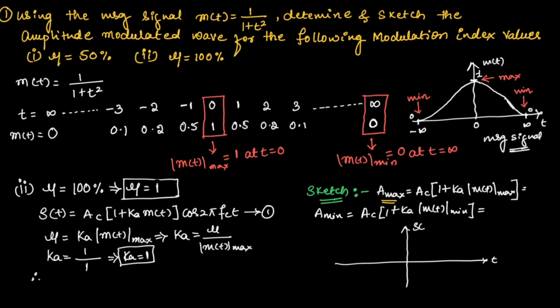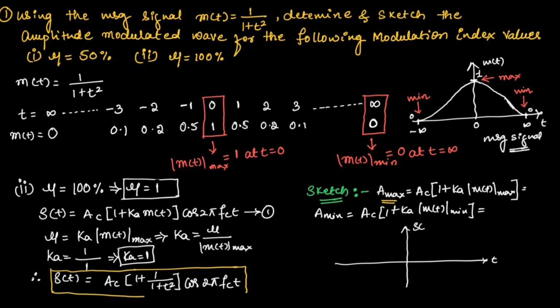Therefore, the expression for s of t can be written as AC into 1 plus the value of Ka is 1, 1 into m of t, we can write it as 1 divided by 1 plus t square, into cos 2 pi fct.